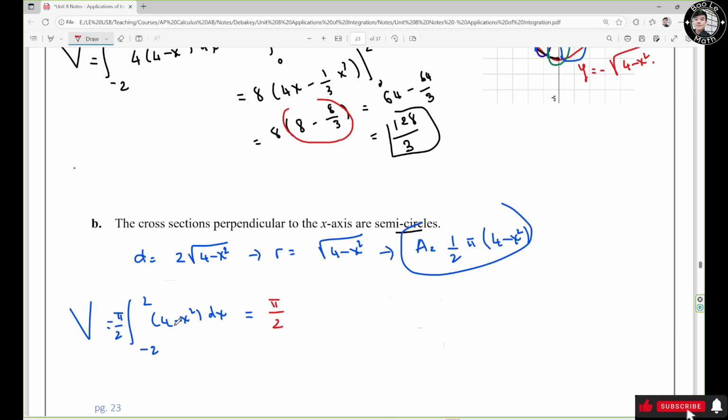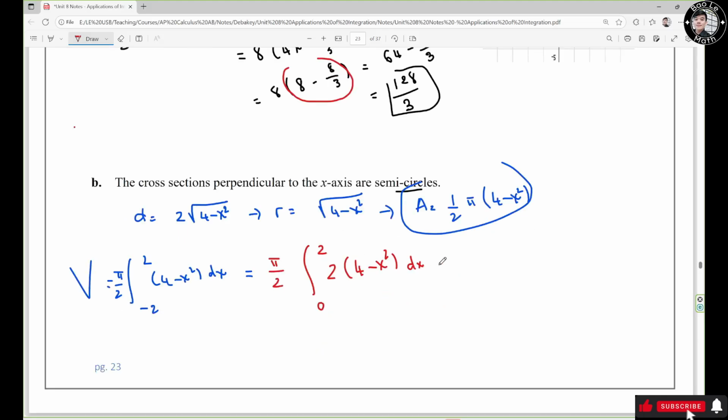Alright, this one is symmetric about the y-axis, so this turns out to be the integral from 0 to 2 of 2 times 4 minus s squared ds, right? So this guy turns out to be pi times the integral from 0 to 2 of 4 minus s squared ds.